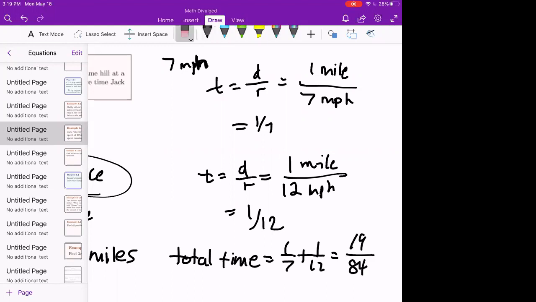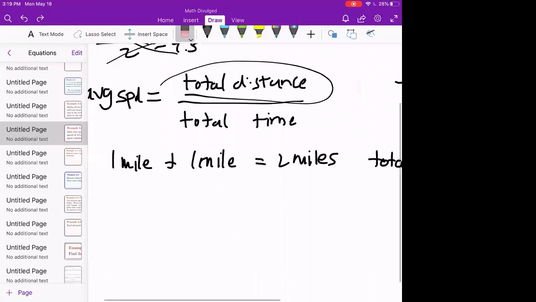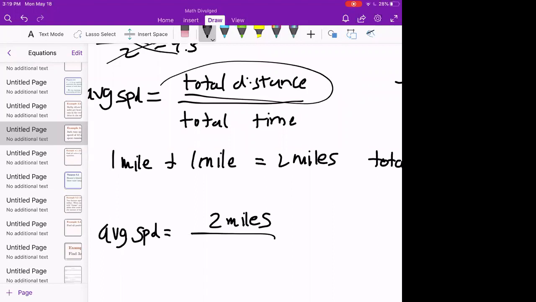So now we just plug back in. Oops, I erased all that. Now let's plug back into this equation, the total distance over total time. So his average speed would just be 2 miles over the total time, which is what we said, 19/84.